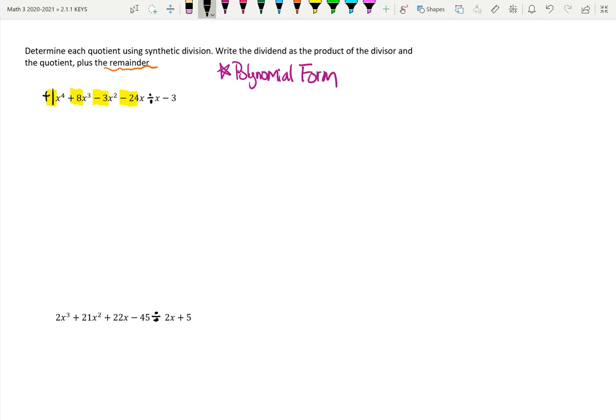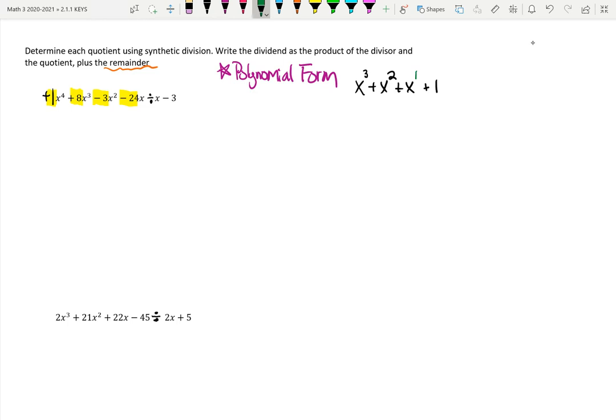What I mean by that is a polynomial will go x to the third, x squared, x, and then a number. You can think of it as descending order. It goes 3, 2. There's an invisible exponent of 1.